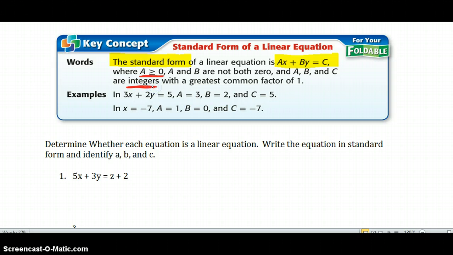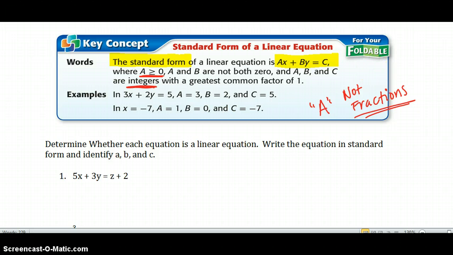Now there's that word. They expect you to know what an integer is. Integers means it's not a fraction. Integers are those numbers on a number line, whole numbers and their negatives, not fractions. What can't be a fraction? A cannot be a fraction.